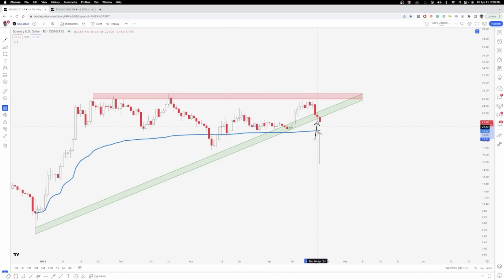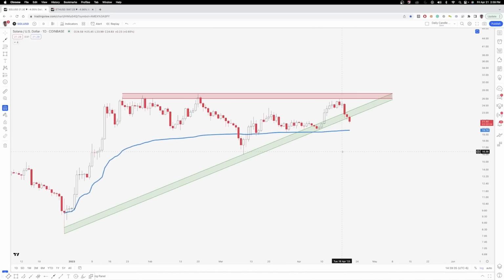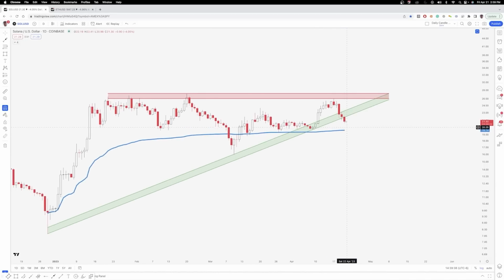So if we do continue down, right around, let's call it, 1775 will be your make or break area. But remember, you did have a stop loss run here, or just an area where a lot of people got liquidated. So you can use this generally as a roadmap, but price is never going to respect a level perfectly unless it's just a coincidence.